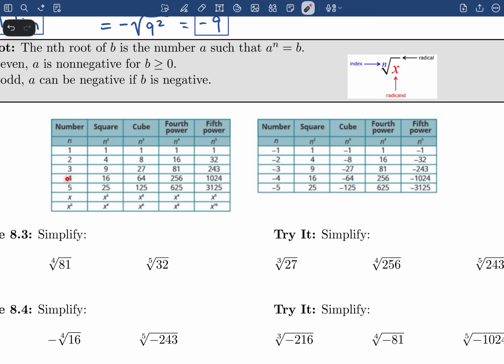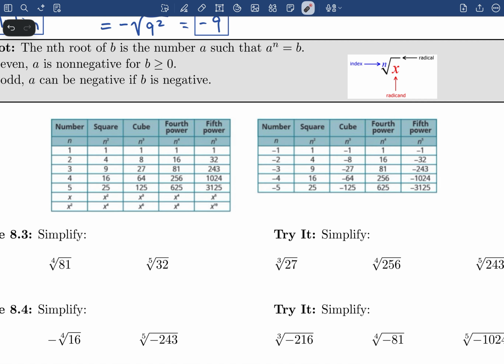Powers of 4: 4 squared is 16, 4 cubed is 64, 4 to the 4th is 256, 4 to the 5th is 1024. Powers of 5: 5 squared is 25, 5 cubed is 125, 5 to the 4th is 625, and 5 to the 5th is 3125. So these may be values that you end up seeing in this chapter of notes.